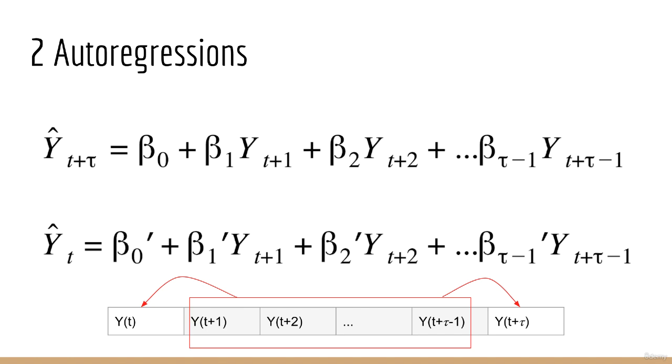Next, let y hat at time t be another regression, again based on all the y's in between t plus tau and t. This one is weird because it's like a backwards autoregression. We are using future values to predict a past value. So both y hat at time t plus tau and y hat at time t are regressed on the same set of variables, the ones in between.